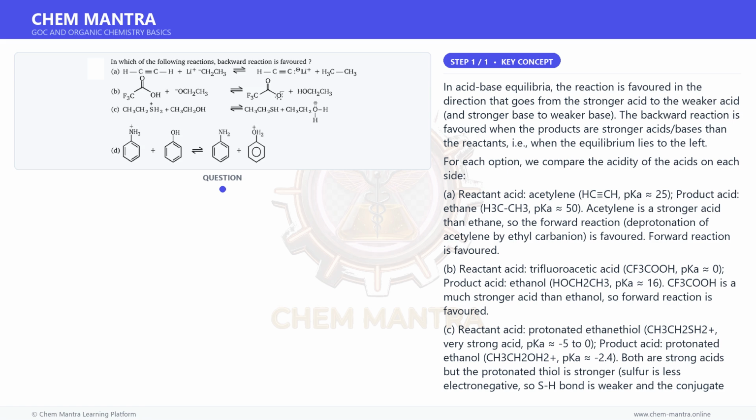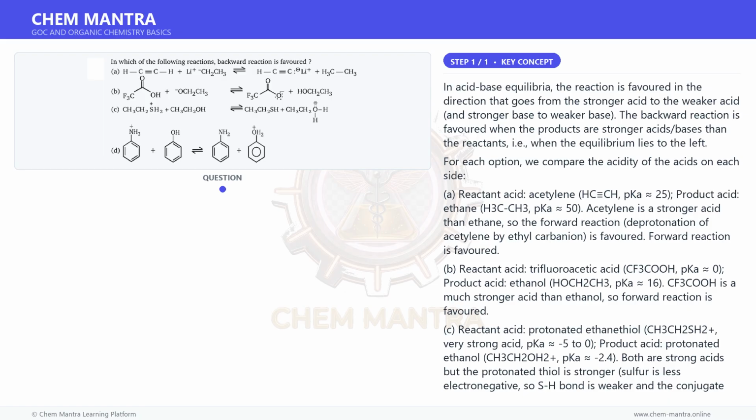D. Reactant acid, anilinium ion, PhNH3+, pKa 4.6; product acid, protonated phenol, PhOH2+, pKa -6. The product acid, PhOH2+, is a much stronger acid, much lower pKa, than the reactant acid, PhNH3+.